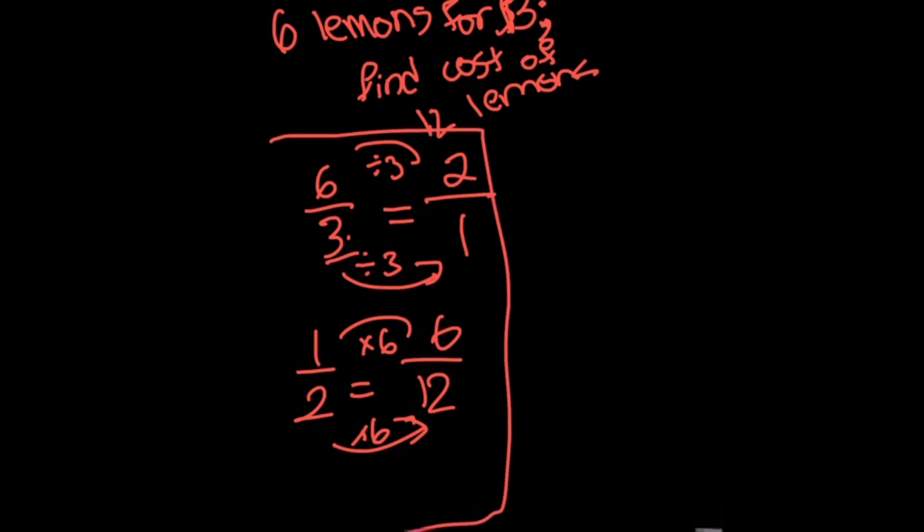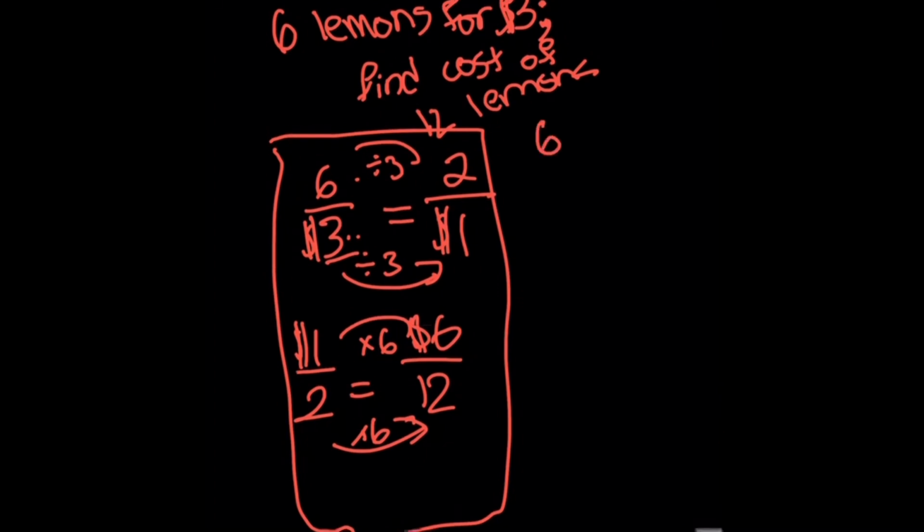This is a little bit more work on your side. So first I had to say 6 lemons cost $3, and 2 lemons, now if I made the unit rate, you get 2 lemons per dollar, and with that $1, same thing, I reversed it though, and it costs $6 per 12.